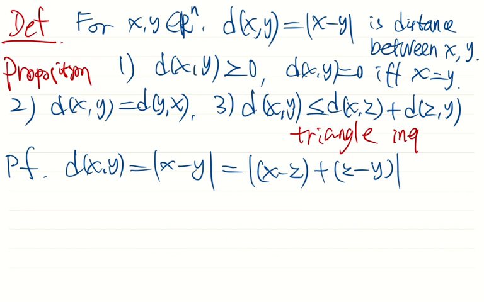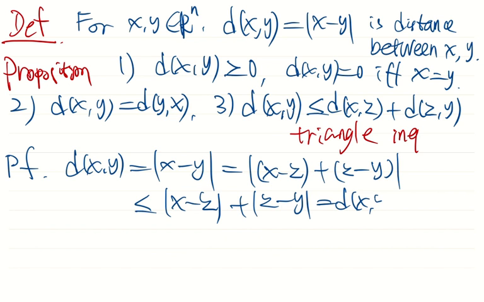Now we apply the triangle inequality for norm. We will have the norm of x minus z plus the norm of z minus y. This is exactly d(x,z) plus d(z,y). And the triangle inequality for distance is proved. Okay.